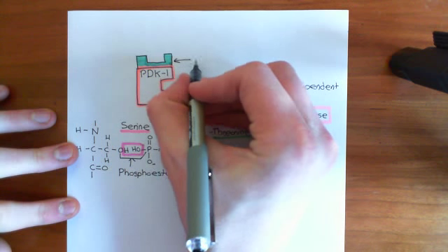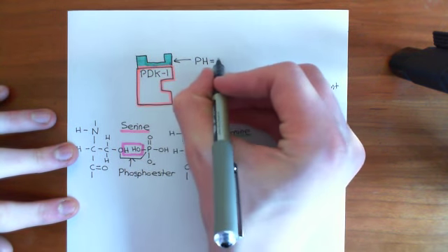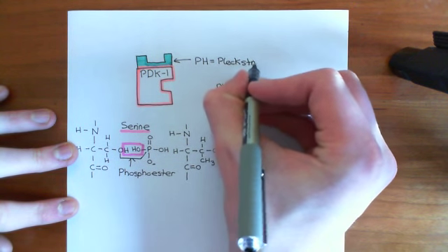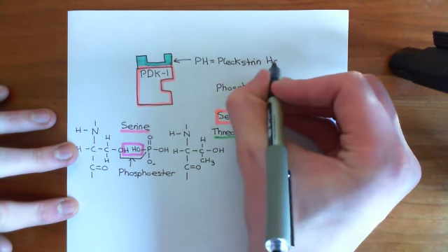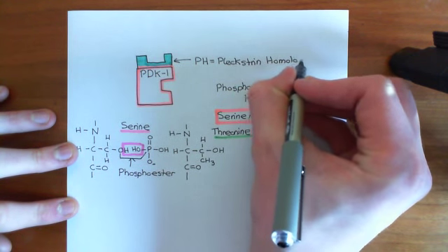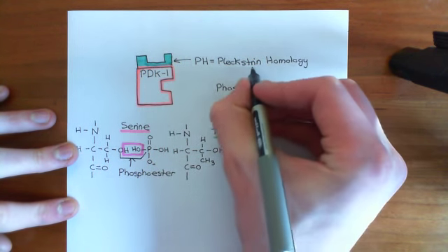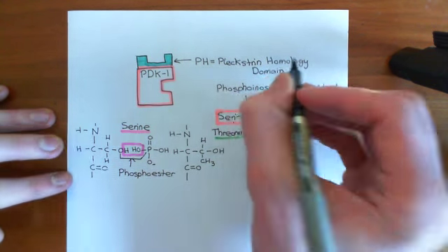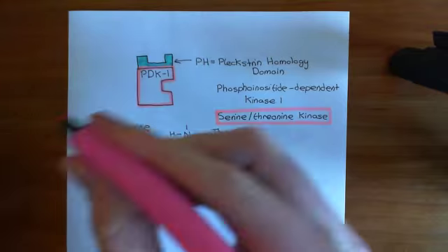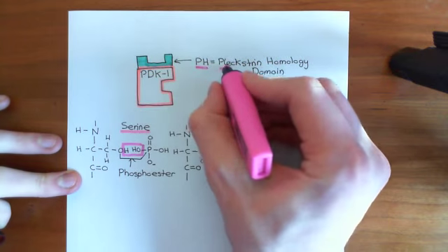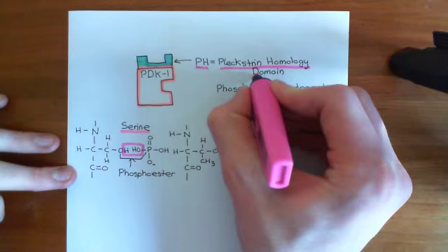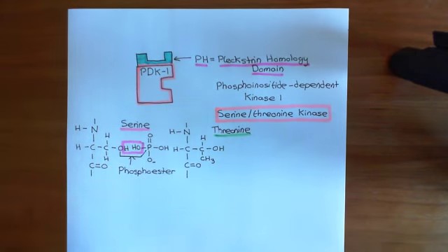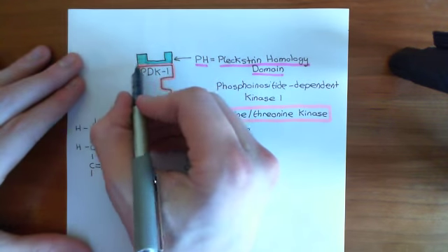Pleckstrin is a protein found in platelets, and we found this domain within this protein, pleckstrin, which you find in many different proteins, and this domain has since been called the pleckstrin homology domain. So it's just a conserved structure that you find in all sorts of different proteins, that was first found in pleckstrin.